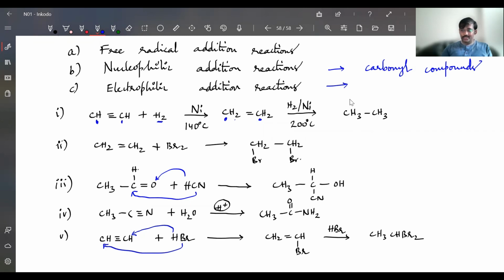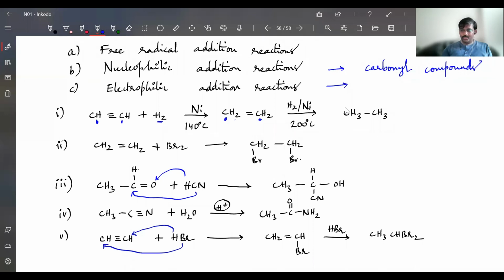Whenever an unsaturated compound is there, double bond or triple bond, at that place higher electron density will be there. So H plus ion or that electrophile always tends to attack that point because there is higher electron density. So it will easily attack that point.